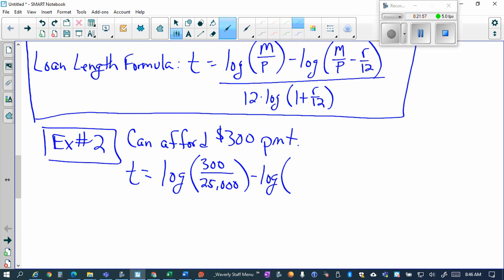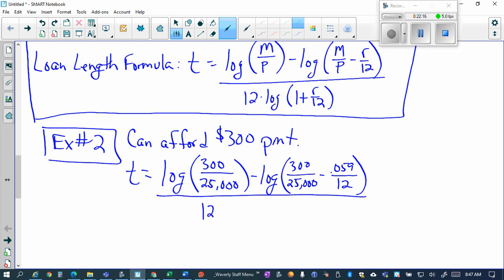So we got 300 over 25,000. Minus, I think the rate was 5.9, so 0.059 over 12. Okay. That whole thing all over 12 times the log of 1 plus 0.059 over 12. Okay. And we'll just do it equals approximately.